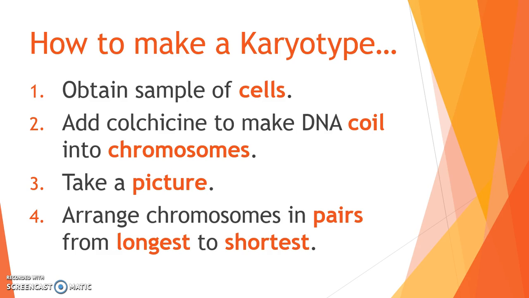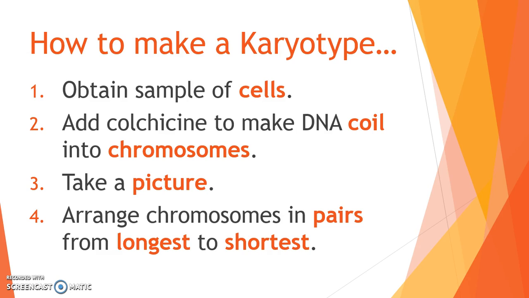So we'll often use a really long needle and stick it into the abdomen of the mother and extract some of the fetal cells. We'll then add a chemical called colchicine to those cells, and that medicine actually causes the DNA to coil up and condense into chromosomes so that we can see the DNA better.